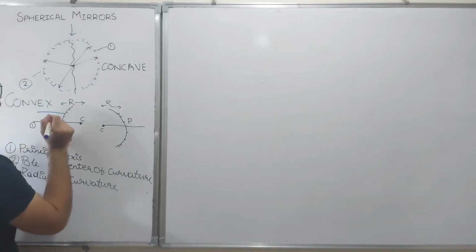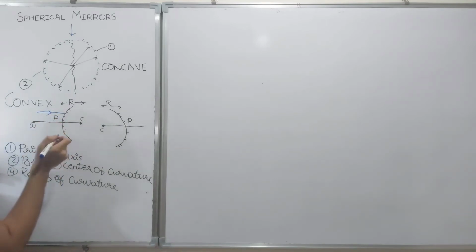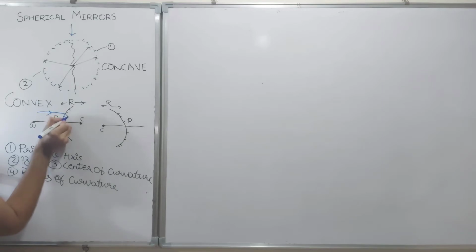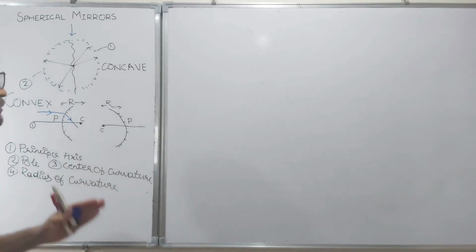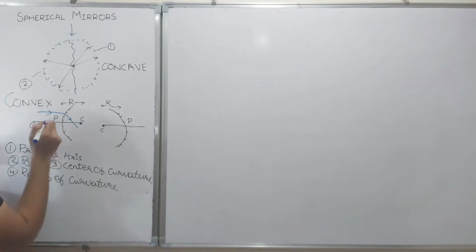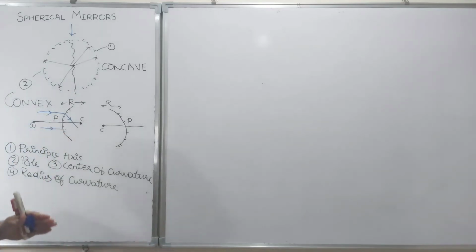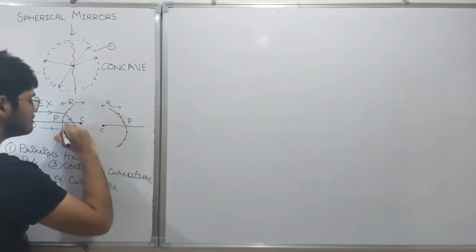Now suppose that this is the ray of light which is passing from somewhere over here. Now it will go something like this. We will learn how to draw the ray diagrams, but for your convenience, I am just showing you one thing. Suppose that this is a ray of light which is passing parallel to the principal axis, and it will pass through a point somewhere like this.